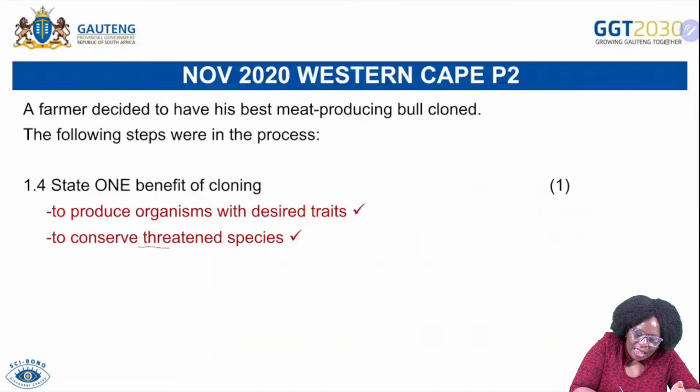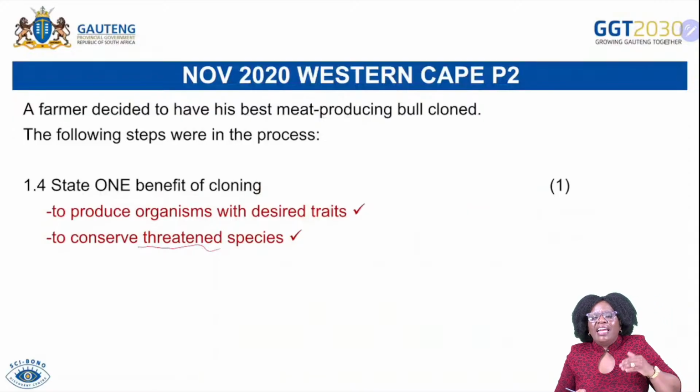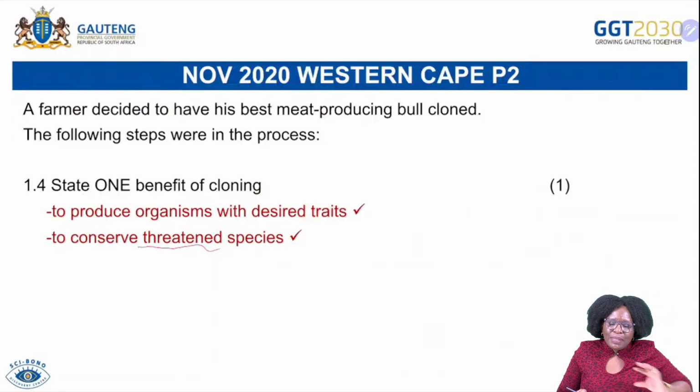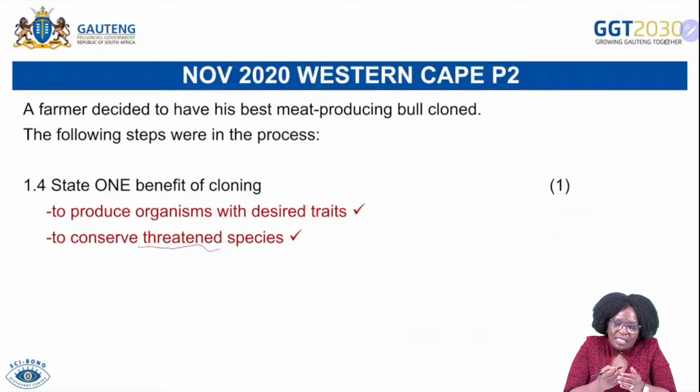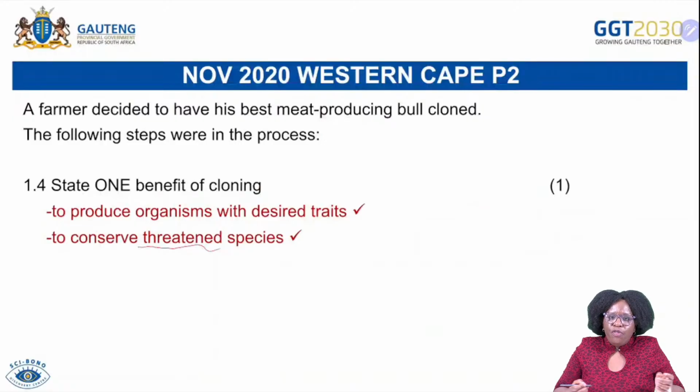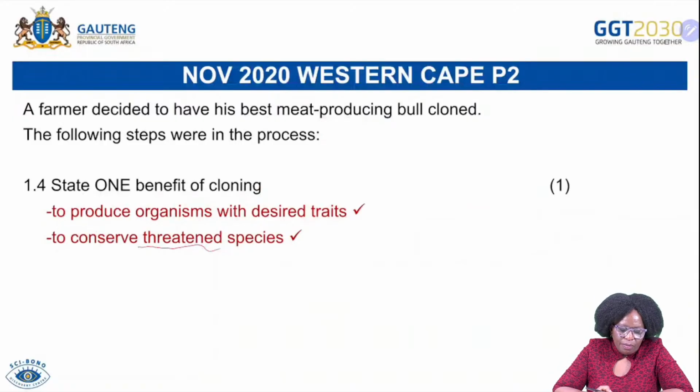When organisms are threatened, they are nearing extinction. It means that the whole species will be wiped out. And just remember that once organisms go extinct, our biodiversity becomes minimized. We want to maintain the full biodiversity.